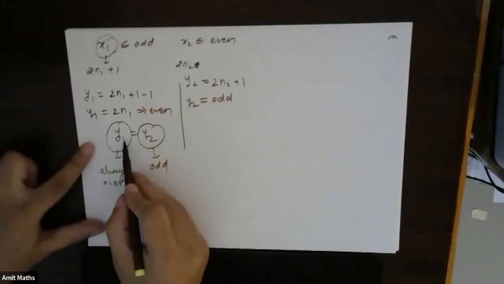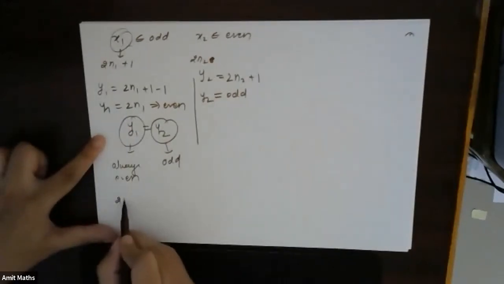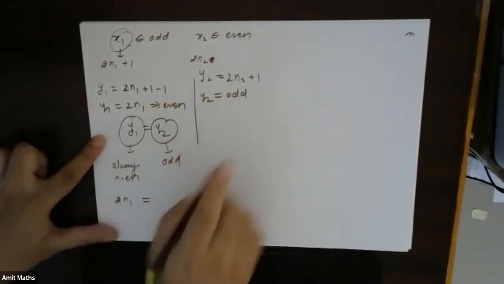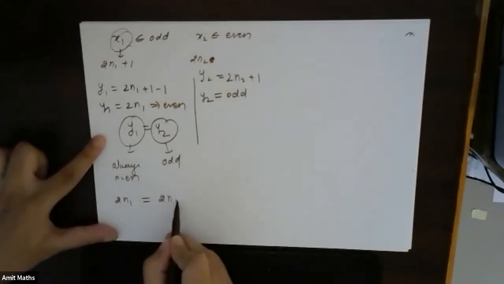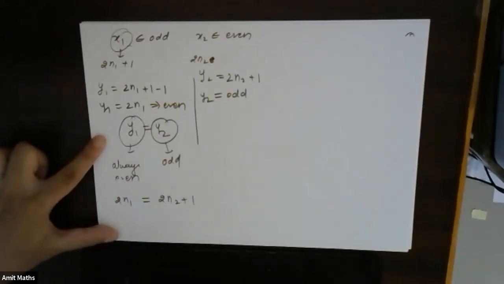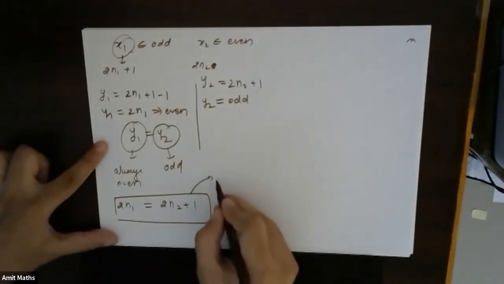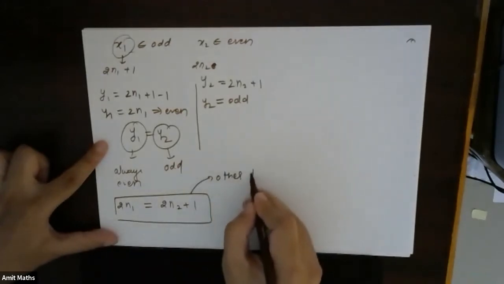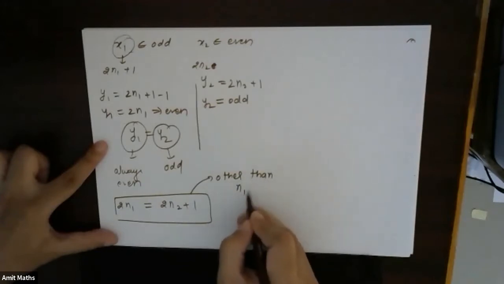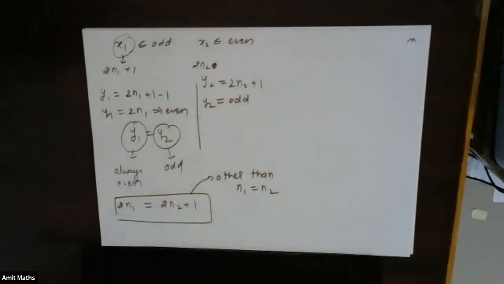On the left side, I have y1 coming out to be 2n1, and on the right side I am having 2n2 plus 1. This is okay. Now, this is a solution other than n1 equals n2. This everybody understood, right?